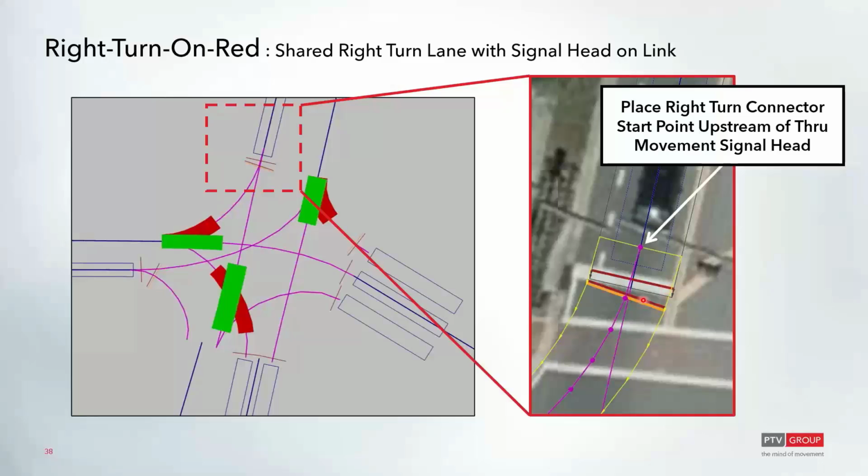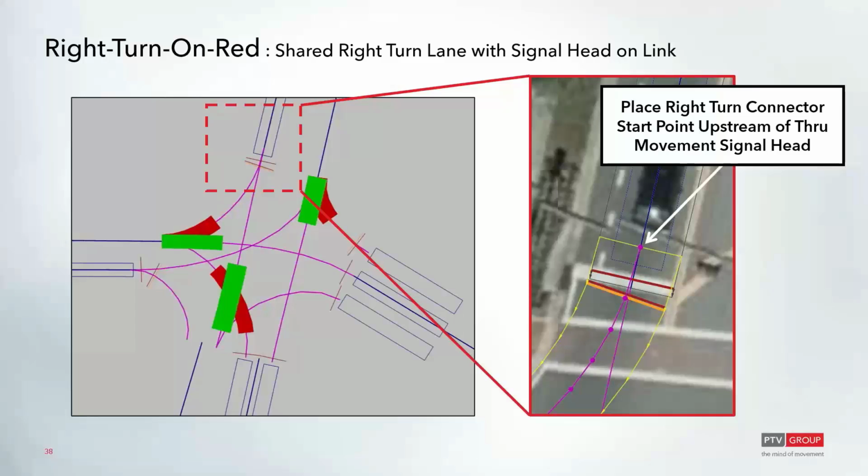And for our right turn, we have our stop sign and then our right turn signal head for display purposes here. Since this is a shared movement, you'll want to make sure that the start point of the right turn connector is placed just upstream of this through movement signal head.